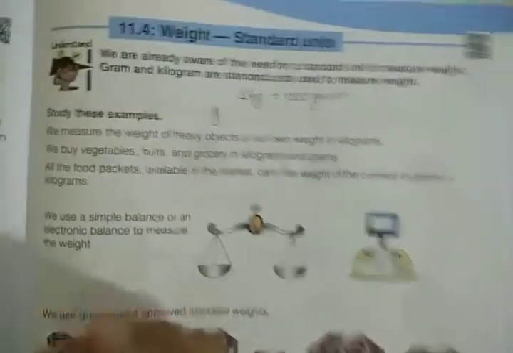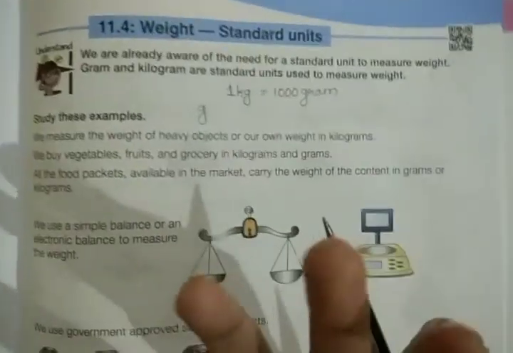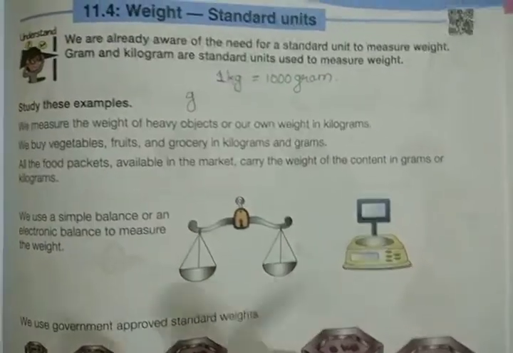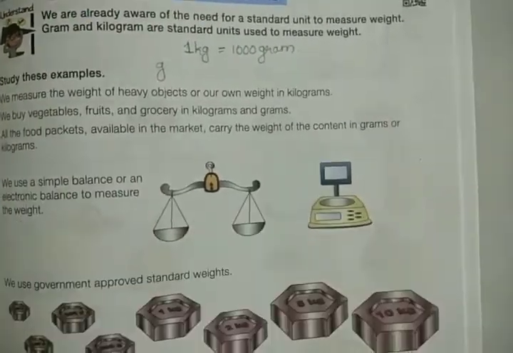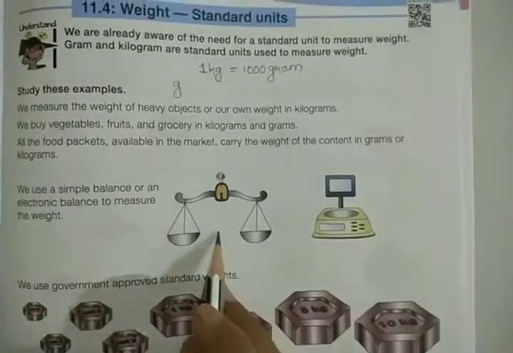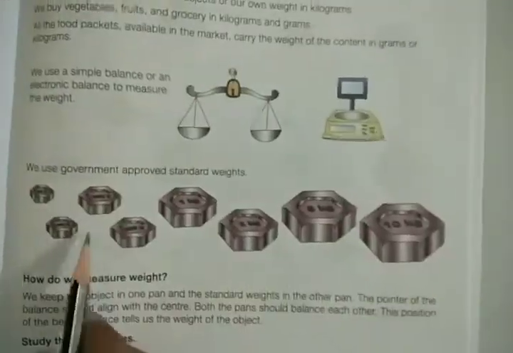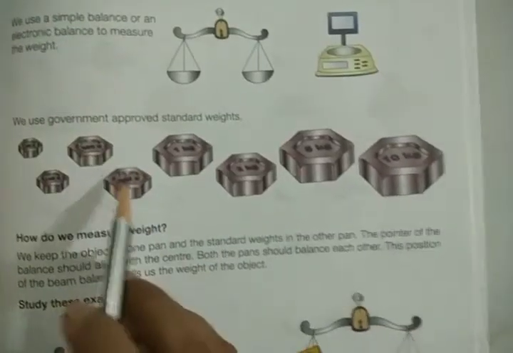Now study these examples. Weight means, children, mass of any object. To weigh things, we use simple balance, electronic balance, and we use grams and kilograms weighing stones.